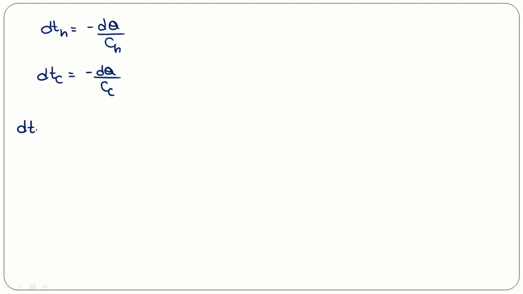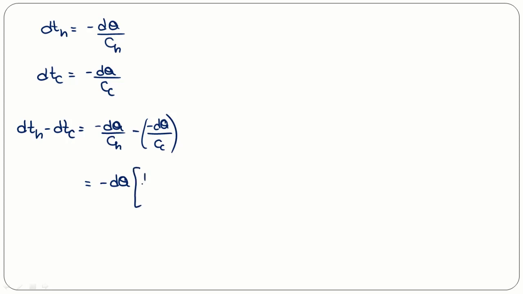Now, dTH minus dTc will be equal to minus dQ by CH minus of minus dQ by Cc. So, if I take minus dQ common, this will become 1 by CH minus 1 by Cc.